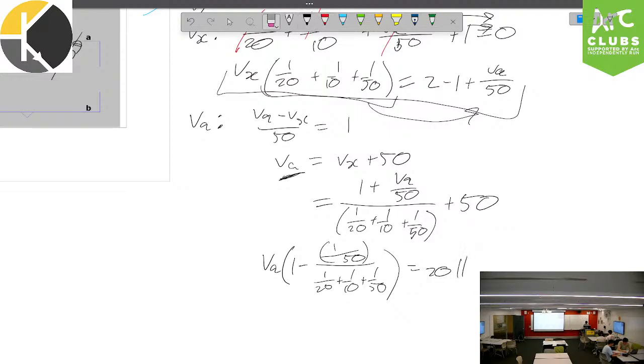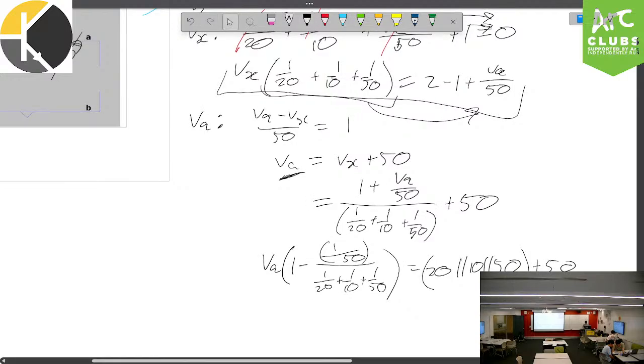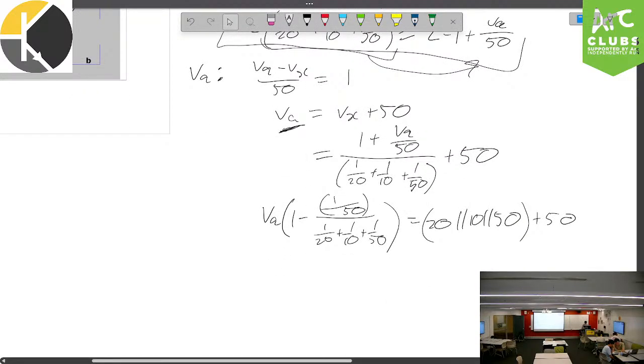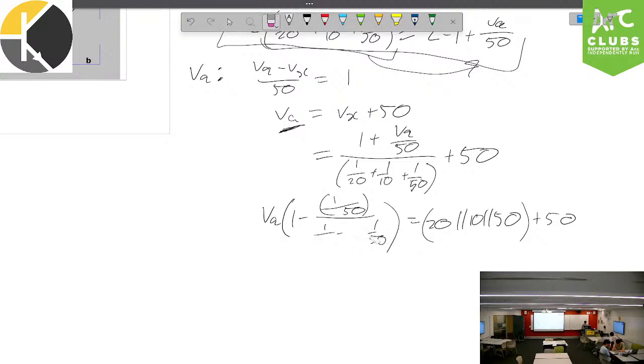This actually just turns into 20 parallel 10 parallel 50. So I'm just going to write it as that to save some space, plus 50. And so I can actually do the same over here, just to simplify the expression of it. Just say 50 parallel 10 parallel 20, all divided by 50.